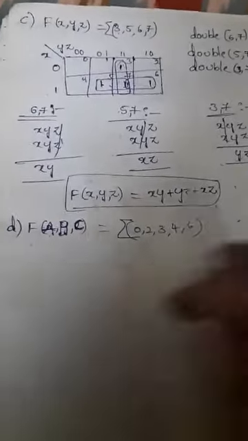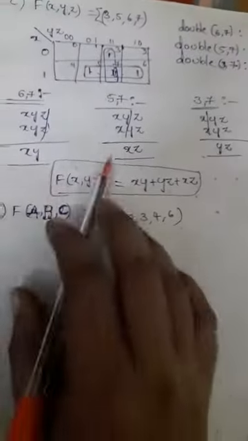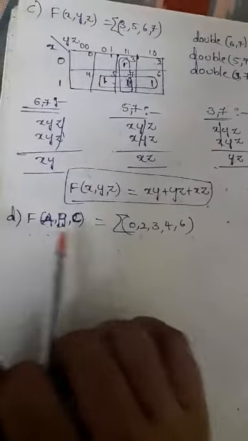Once again we have to check it: 0 2 3 4 6. This is also SOP form, but the variables are changed here. In the previous problem we took xyz as the variables; here we have to take abc.